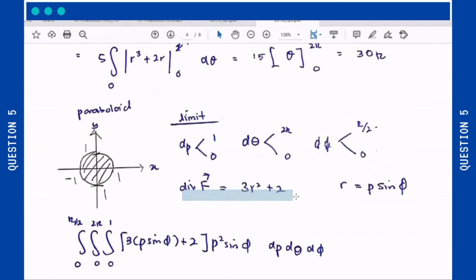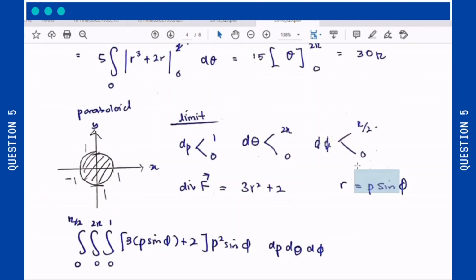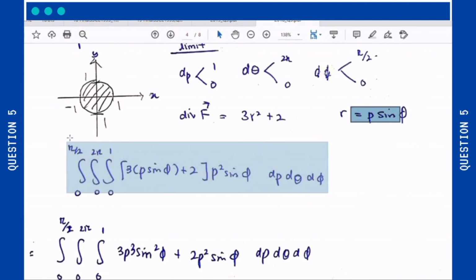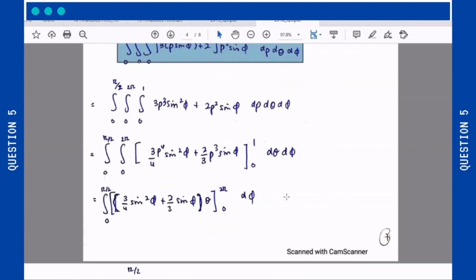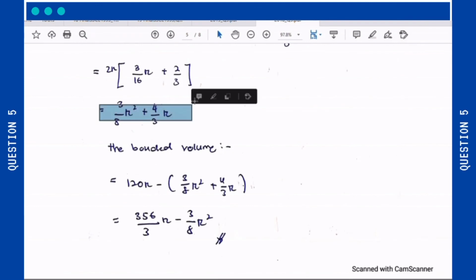This is the direction of F that we got here. R is equal to rho sine phi, and we insert all the values into this formula that we learned from chapter 4, and we will get the final answer here.